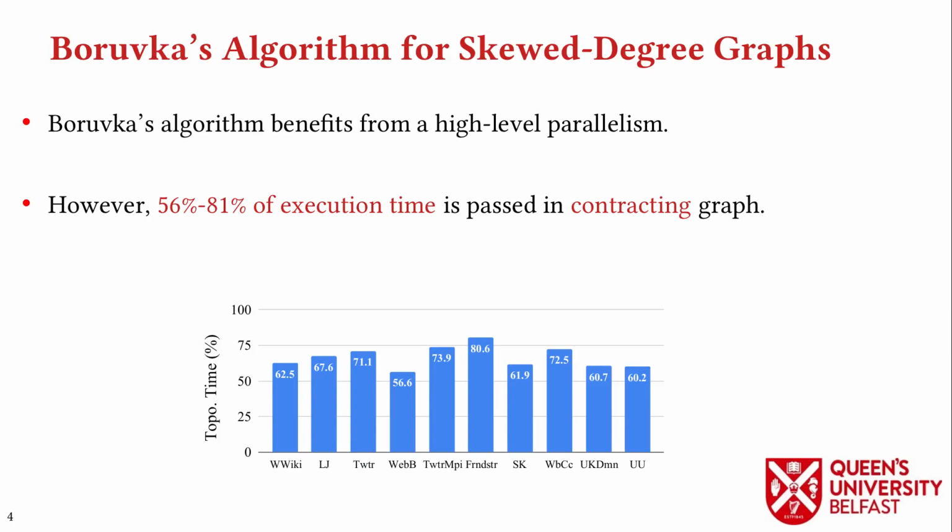While Boruvka's algorithm benefits from a high level of parallelism, our evaluation shows that 56 to 81% of execution time is spent in contracting the graph, which includes merging and relabeling vertices and neighbor lists.